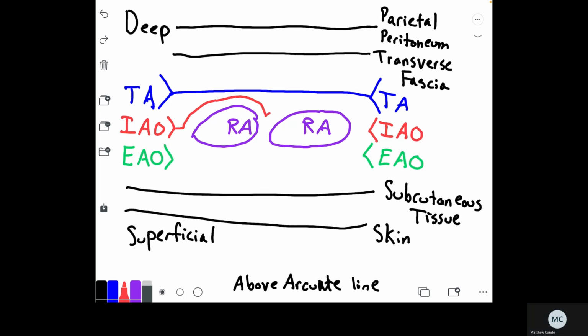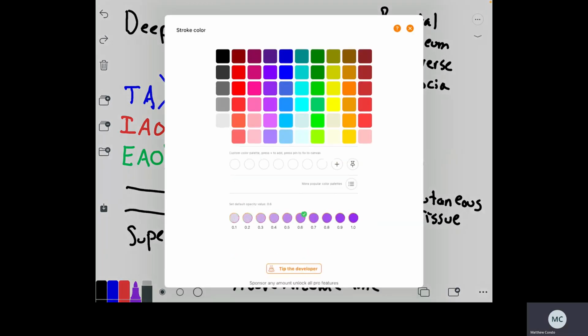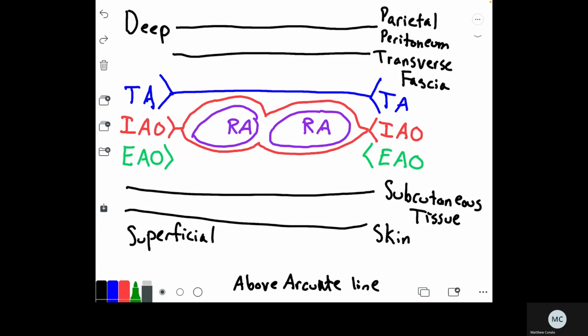Half of it is going to ride deep, and half of it is going to go superficial. EAO is going to stay superficial. So this is the representation of the rectus sheath above the arcuate line.